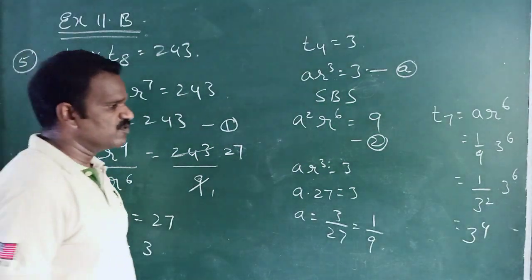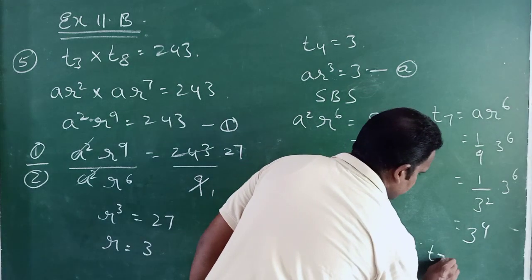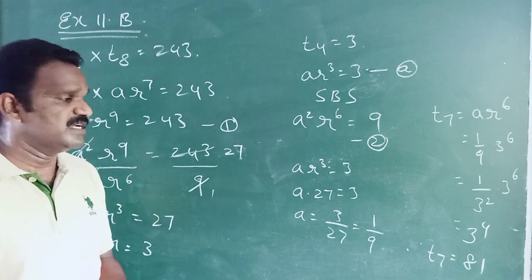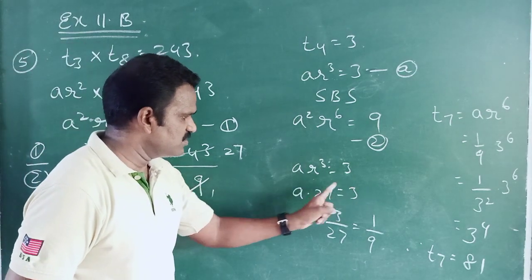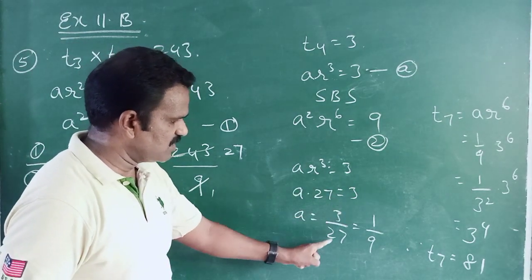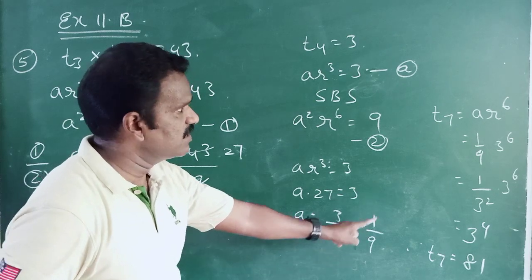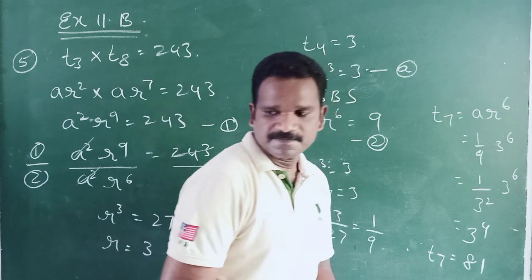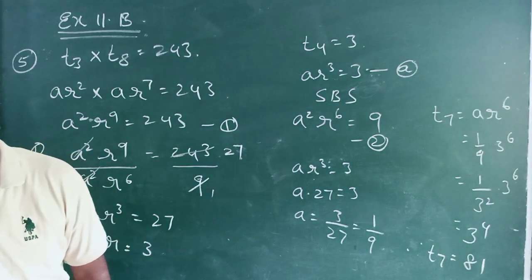So T7 is equal to 81, because 3 3s are 9, 9 3s are 27, 27 3s are 81. AR cube is equal to 3, A into 27 is equal to 3, A is equal to 3 by 27, A value we got as 1 by 9. Find T7, AR power 6, then you will get 81. This is your fifth sum.